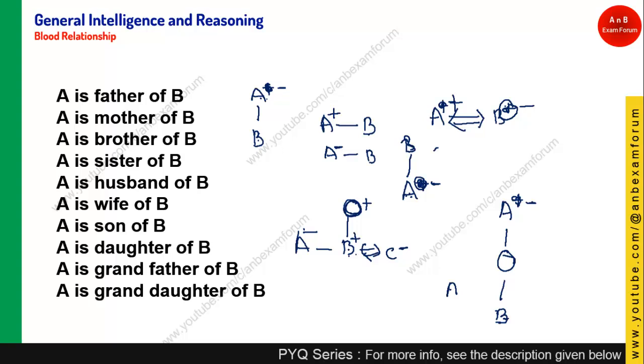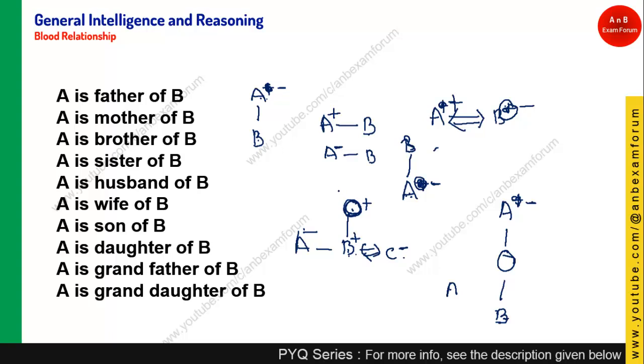This B is the son of this particular male person. So the male will definitely be his father. So this particular person is father of B as well as A, and C is daughter-in-law of this particular person.